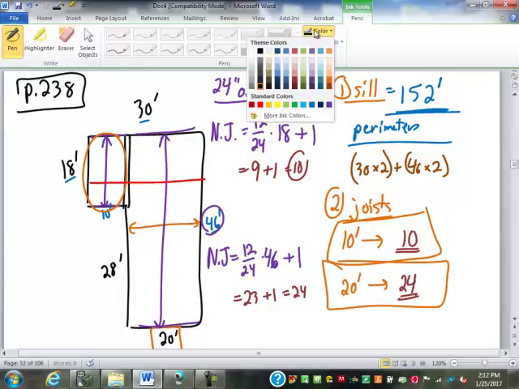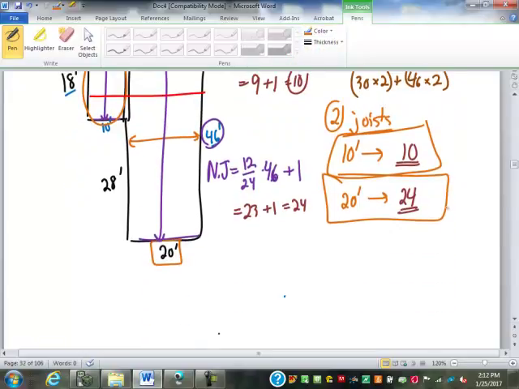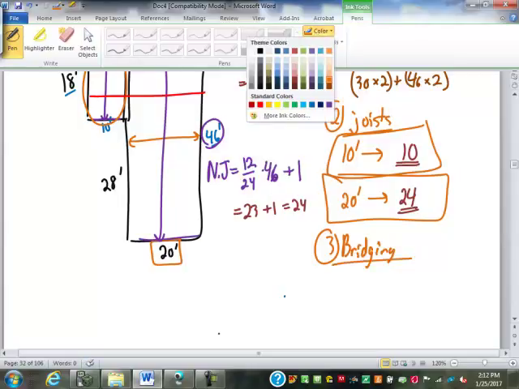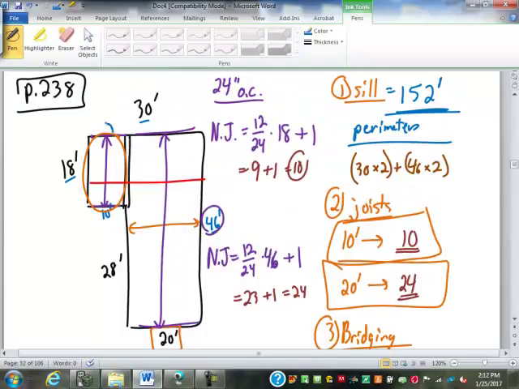Okay, so we have the number of joists. Next, bridging would be next. For bridging, we said bridging only on joists that were more than 10 feet long. So we do not need bridging here because those are only 10 feet long. We need bridging here on the 46-foot run again.